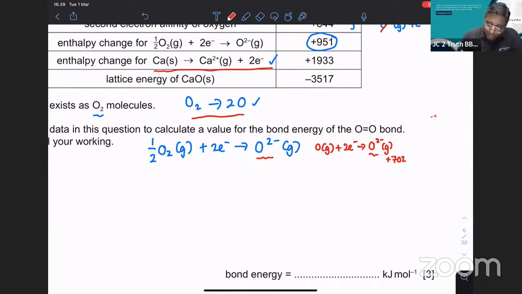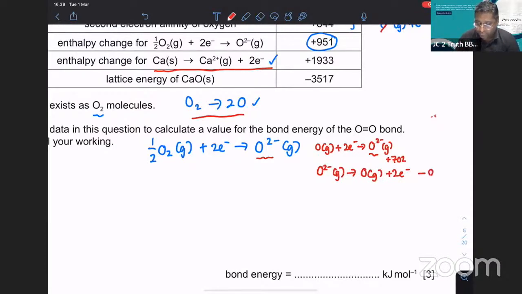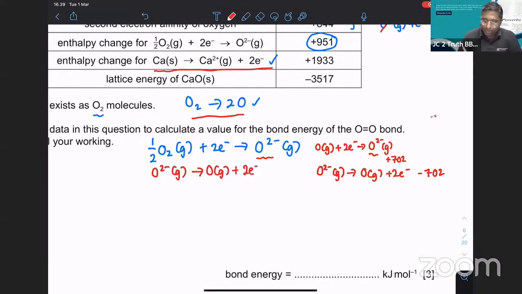You reverse the equation: O2- gas to give me O gas plus 2 electrons. So you are changing the direction of the equation, and if you do that, positive 702 will become negative 702. I put it here: O2- gas gives me O gas plus 2 electrons, with negative 702.